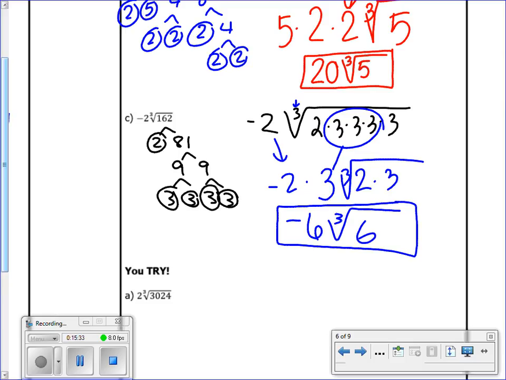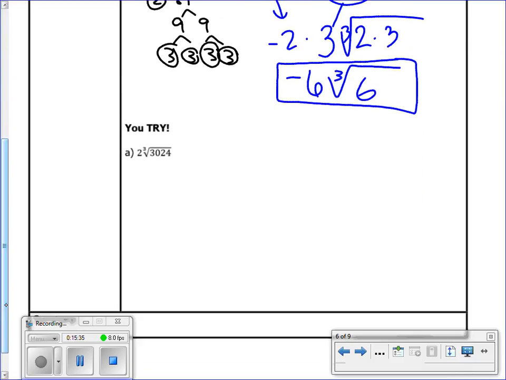Now, for your U-try, we want to break down 3024.